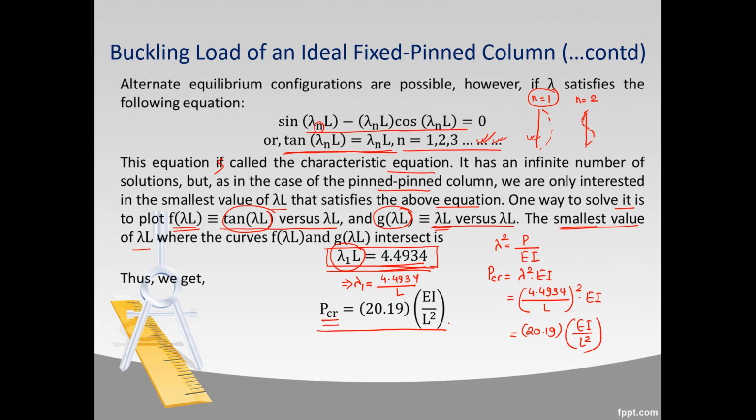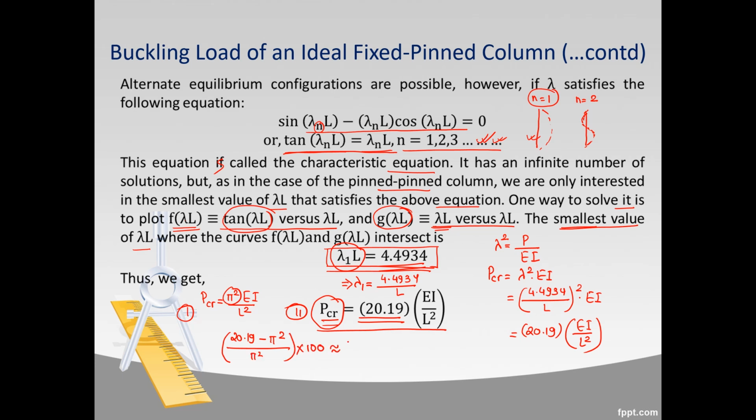If you want to compare this critical load to the critical load value that you obtained for the pinned column, remember we got P_CR as pi square EI over L square for our first case. This is for our second case. If you want to find the difference, take 20.19 minus pi square, since other terms are the same, divided by the initial coefficient pi square, into 100.